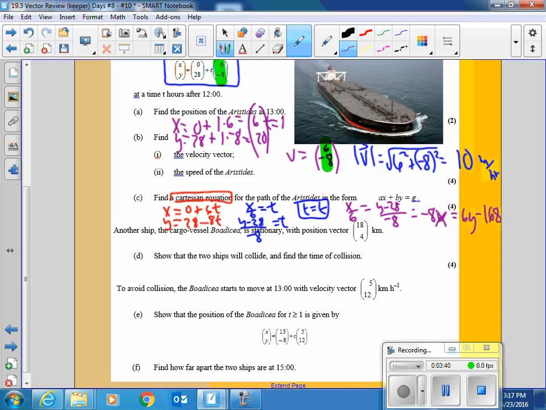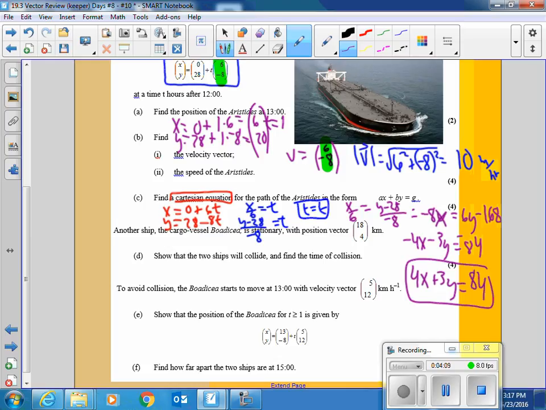You can divide everything by 2, and you'll get negative 4x equals 3y minus 84. If everything's negative, we'll just make it 4x plus 3y equals 84. So if I did the arithmetic correctly, that should be the Cartesian form without any t in it.